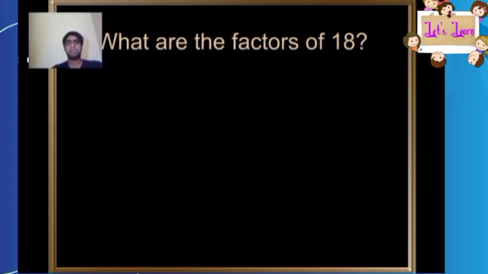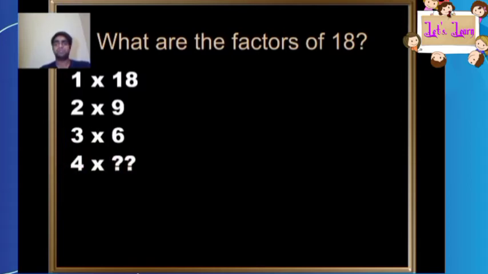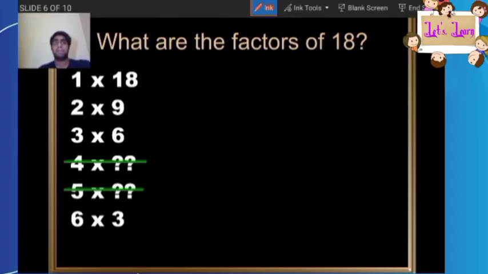Same process, let us find the factors of 18. 1 into 18, 2 into 9, 3 into 6, 4 into nothing, cut it out. 5 into nothing, cut it out. 6 into 3, see, we have another number. Here we already had 3 into 6.